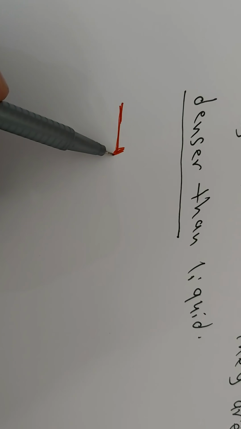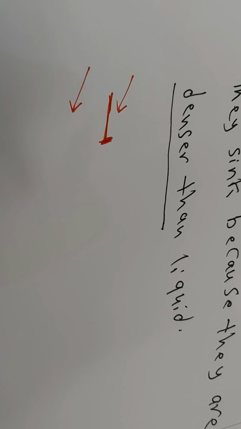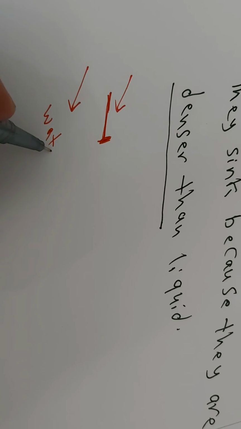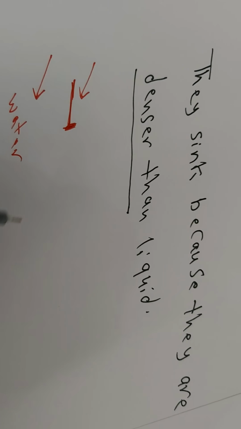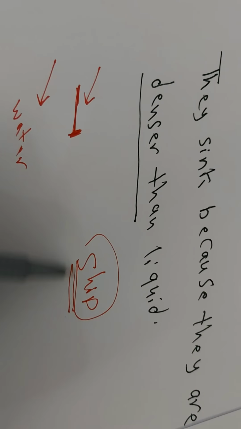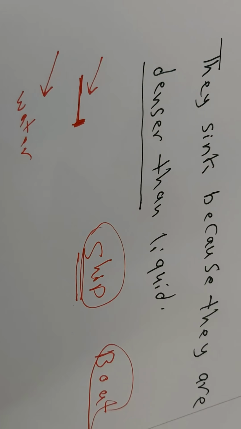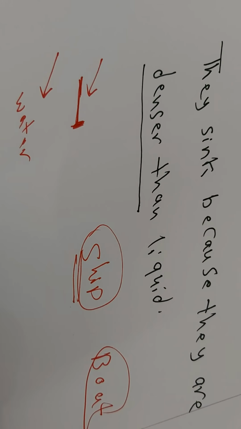So the density of iron is greater than the density of water, so the nail will sink. And a big ship or boat is made of iron and it floats.